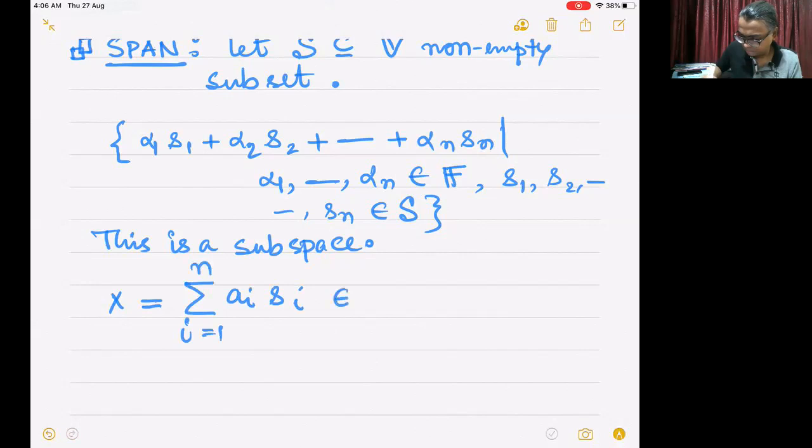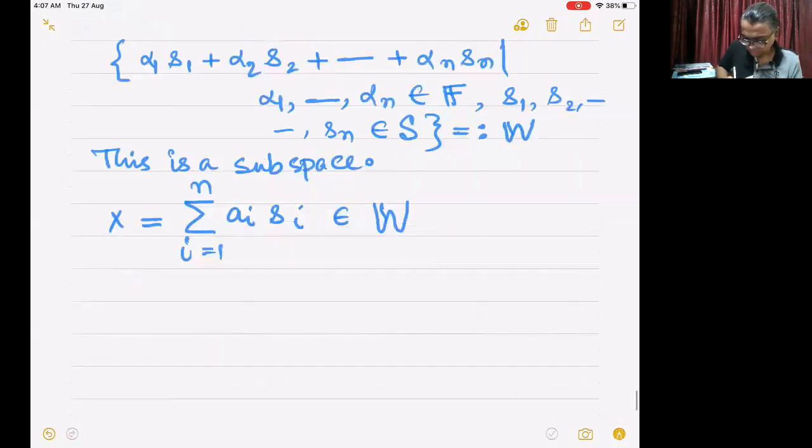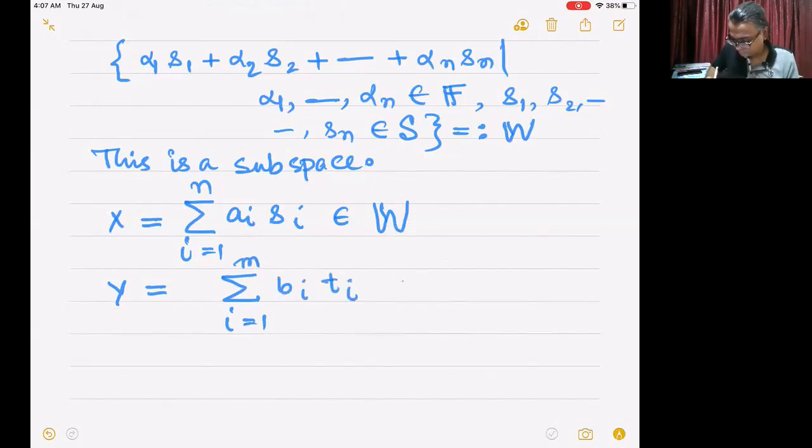For the time being, let me call this set W. So this of course is an element in W. I pick another y, which is the summation i going from 1 to m of b_i t_i.